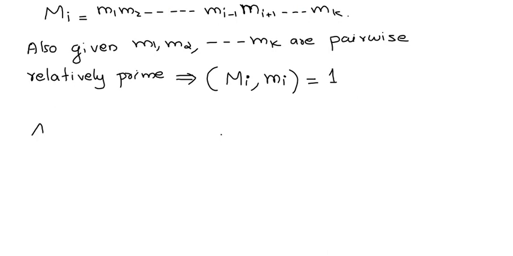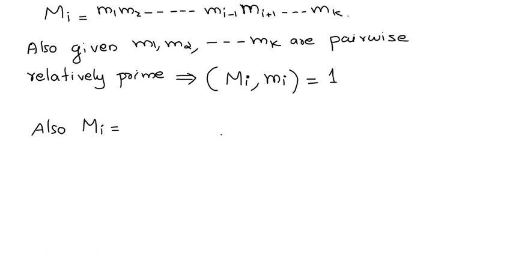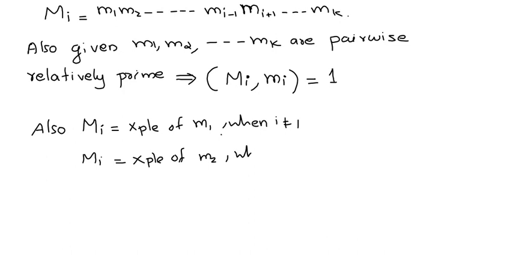Also, capital Mi is the product of m1, m2, etc. That means capital Mi is a multiple of m1 when i is not equal to 1. Capital Mi is a multiple of m2 when i is not equal to 2, etc. In general, capital Mi is a multiple of mj when i is not equal to j.